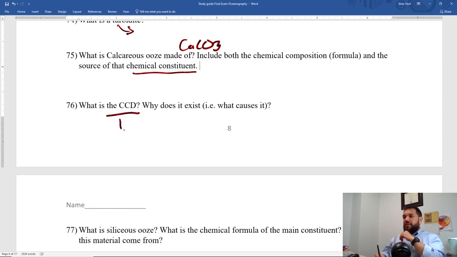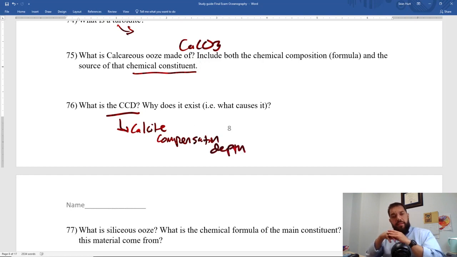The CCD, that is the calcite compensation depth, or the carbonate compensation depth. Okay, the CCD is the depth below which the water has become so acidic that, because remember, carbon dioxide dissolves into the water, becomes carbonic acid, and more carbon dioxide is dissolved at greater depths, okay?